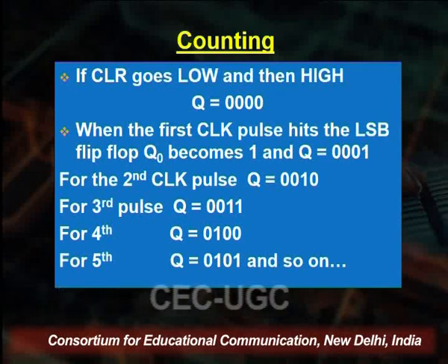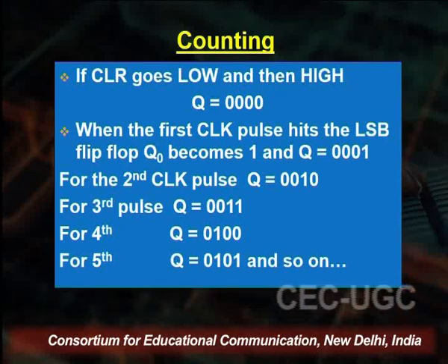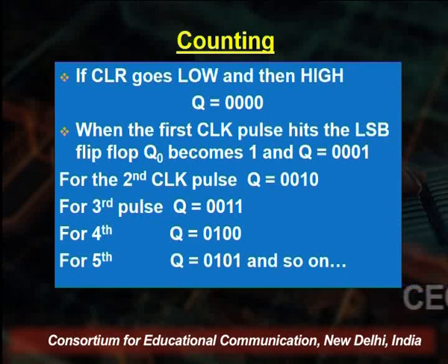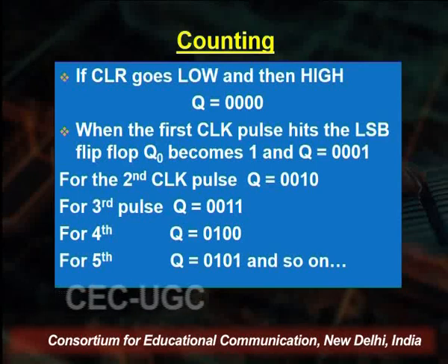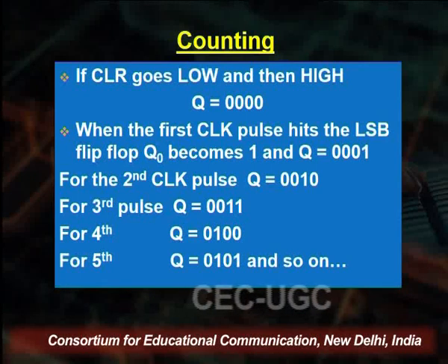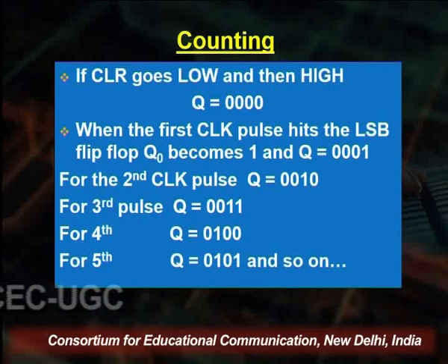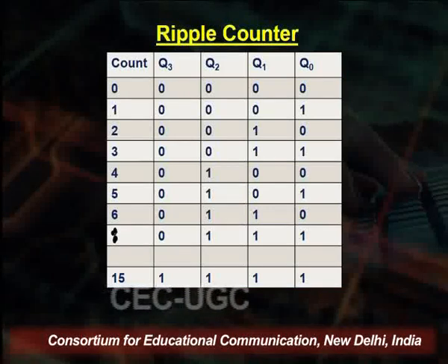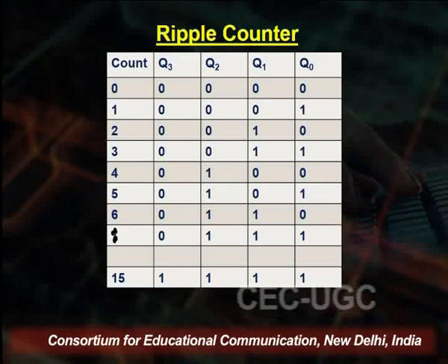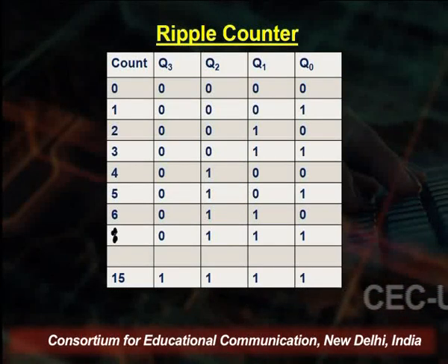Third is 0 0 1 1. For the fourth clock pulse, Q3, Q2, Q1, Q0 is 0 1 0 0. Fifth, 0 1 0 1, and in this way, finally, at the 15th clock pulse, we get Q3, Q2, Q1, Q0 as 1 1 1 1.